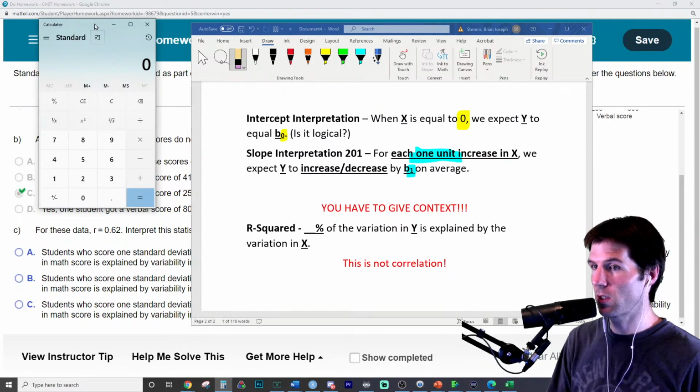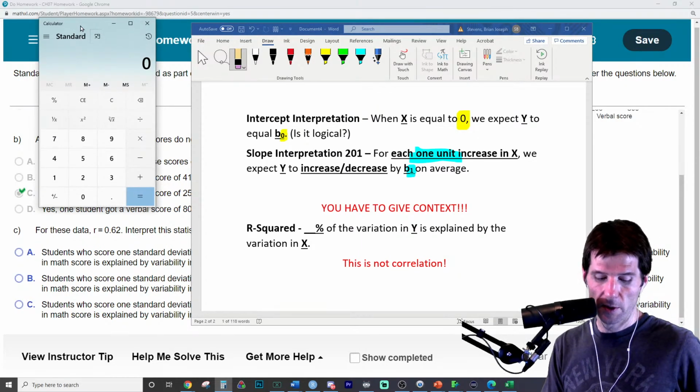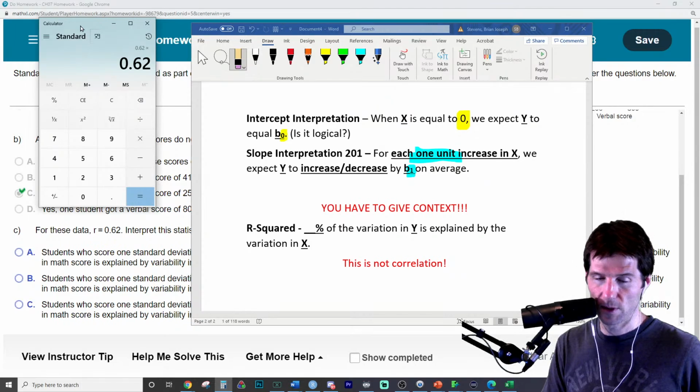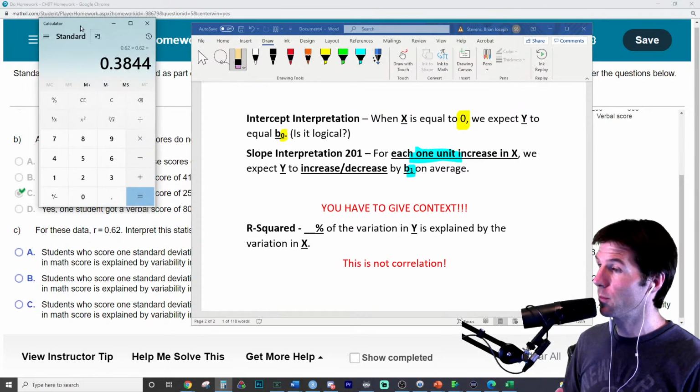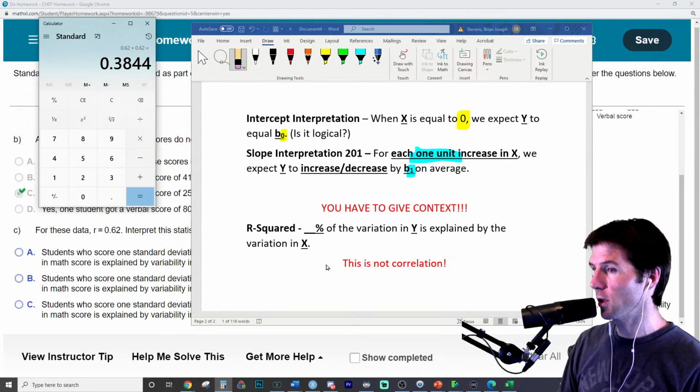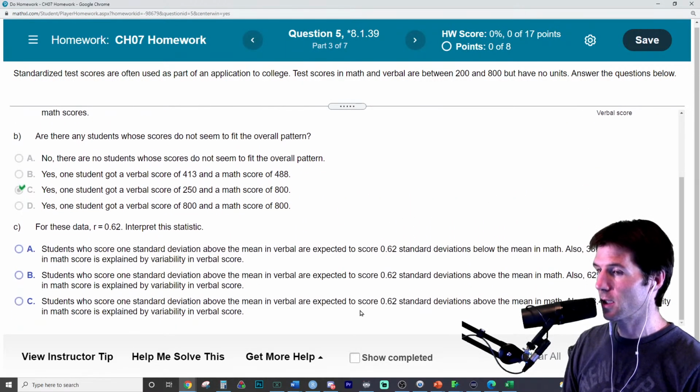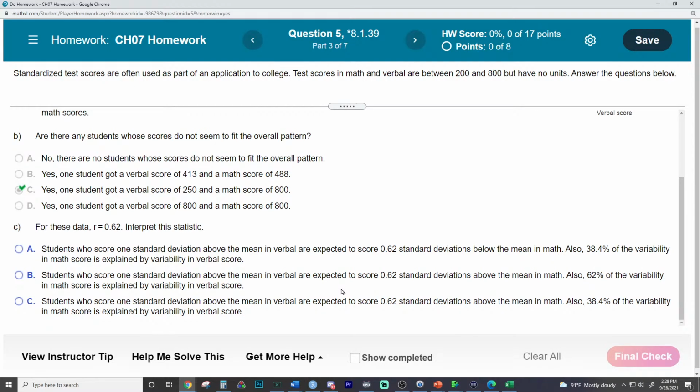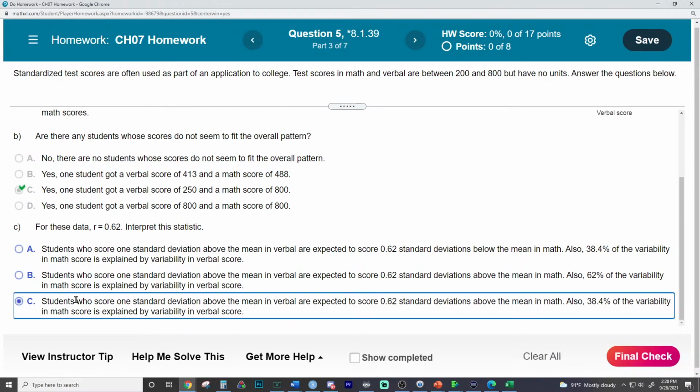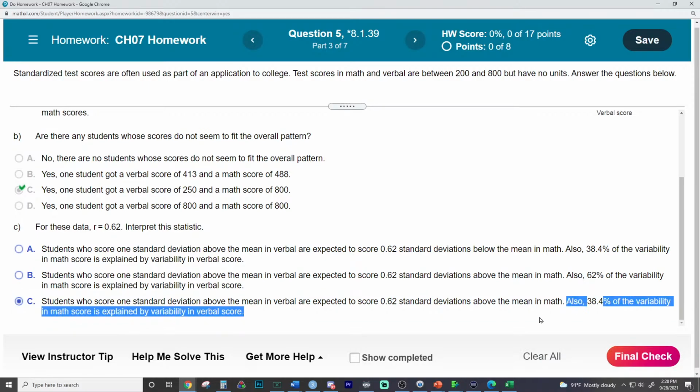Correlation is r, so this says correlation is 0.62. So let's go here and go 0.62 times 0.62, and now we've obtained r squared, which means 38.44% of the variation in somebody's math score is explained by the variation in their verbal score. So also about 38.4% of the variation in math score is explained by the variation. This is perfect right there.